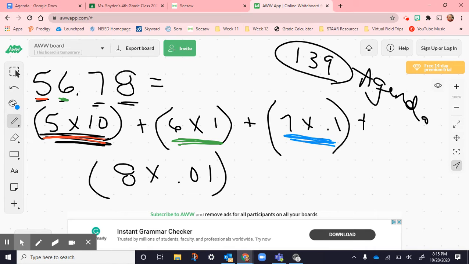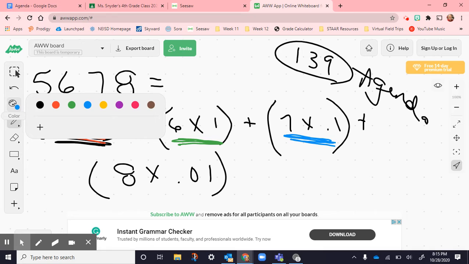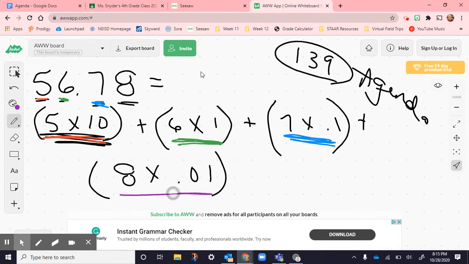That gives me 7/10. 7 is in the tenths place. That checks out. Then I'm going down the line. 8 times 1/100 gives me 8/100ths. Same thing there. The 8 is in the hundredths place. So I'm making sure that each of these match.